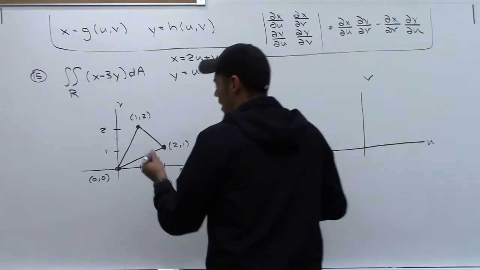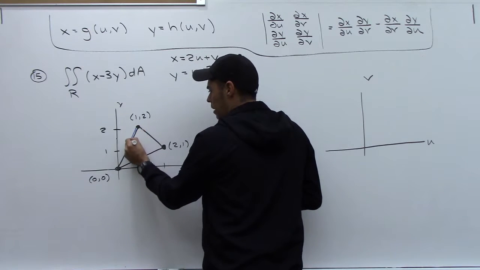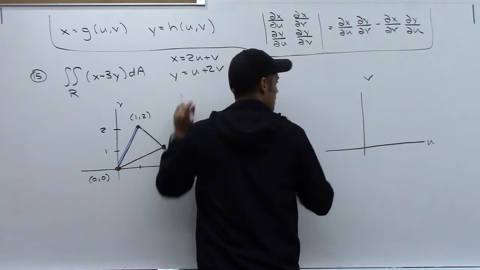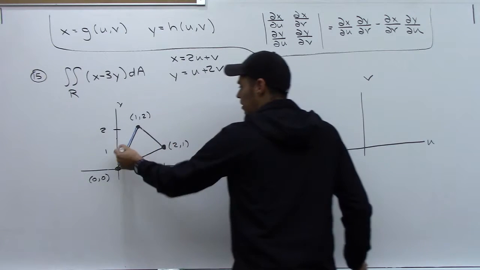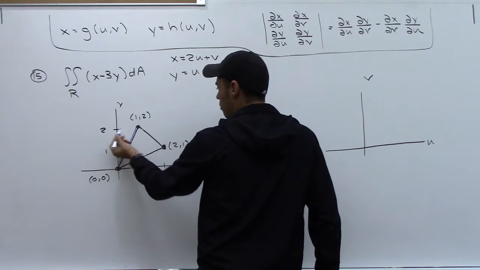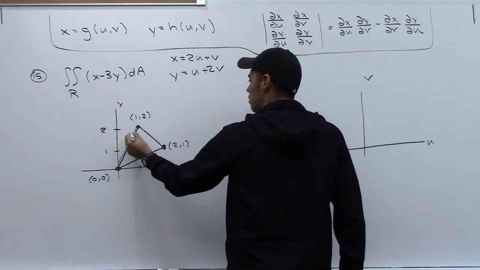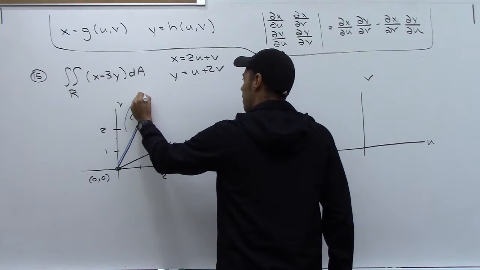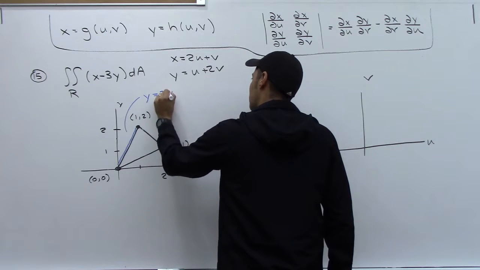what does this line become in this transformation over to here? So let's find the equation of that line. It has a y-intercept of 0, has a slope of 2 over 1. So this should have the equation y equals 2x.